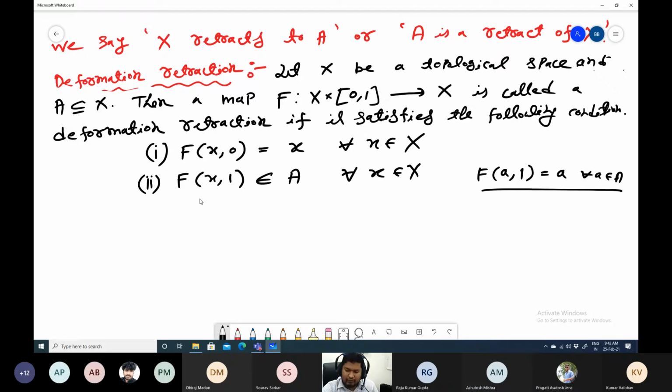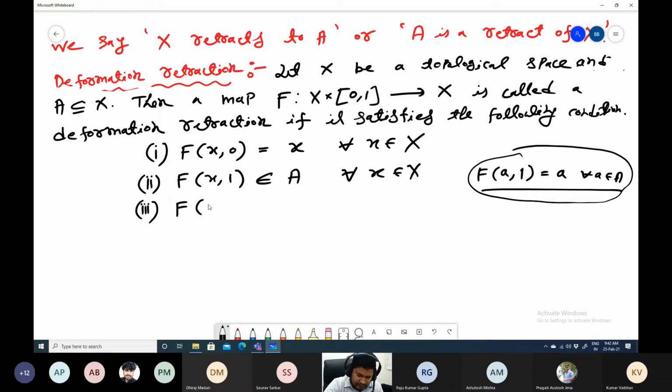Since at t equal to 1 it will be a retraction, that is what we need here. But it says something stronger than that. It says that not only at 1, in fact for any fixed time, it should be identity on A. That is a much stronger condition.